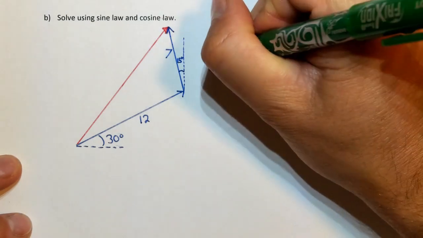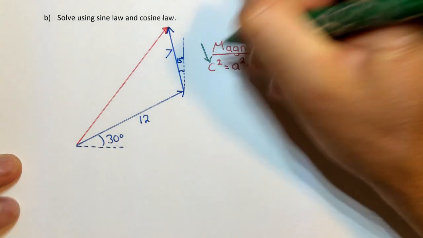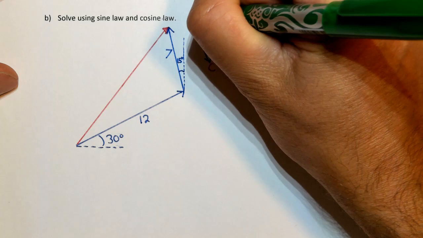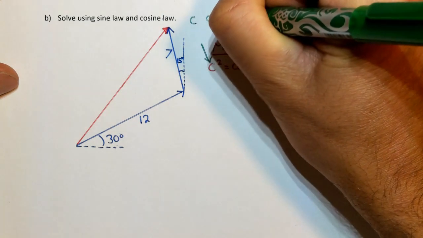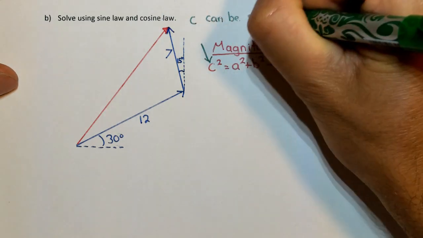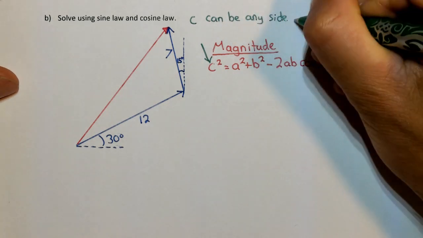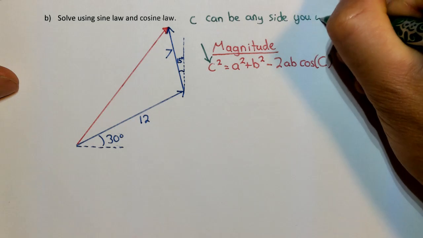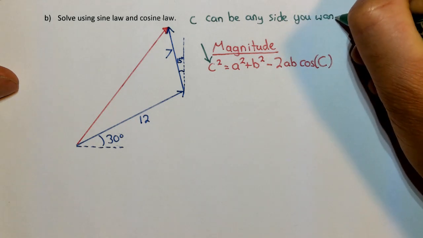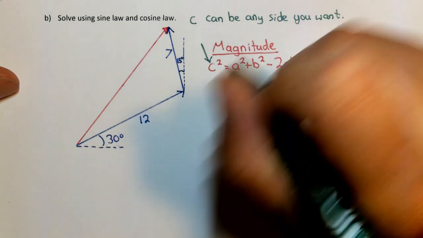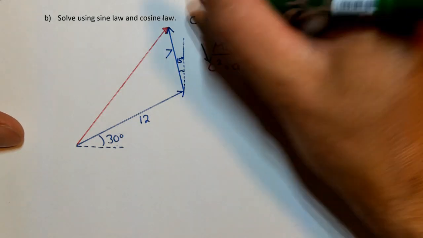So let's make a note of that. c can be any side you want. Choosing the side you're looking for works well.